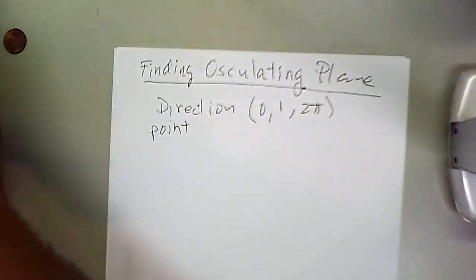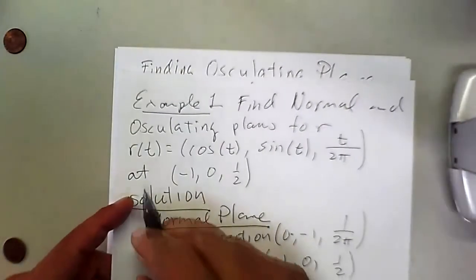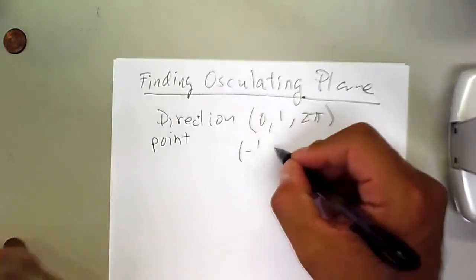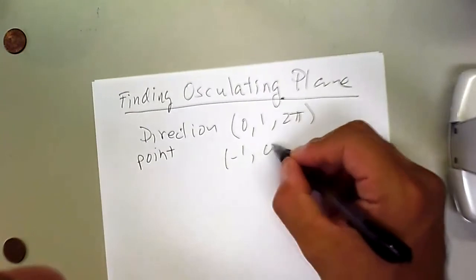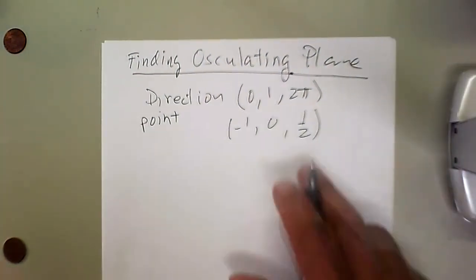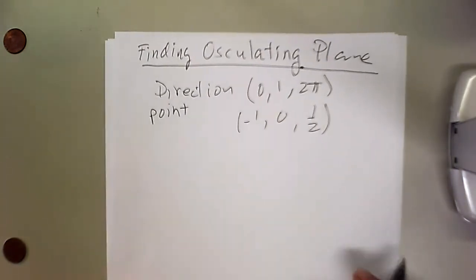Well, they gave us the point in the problem at -1, 0, 1/2. Once you have those two, then it is a piece of cake.